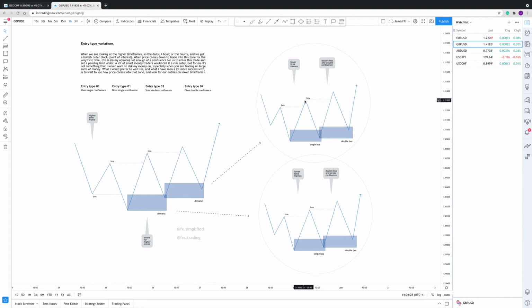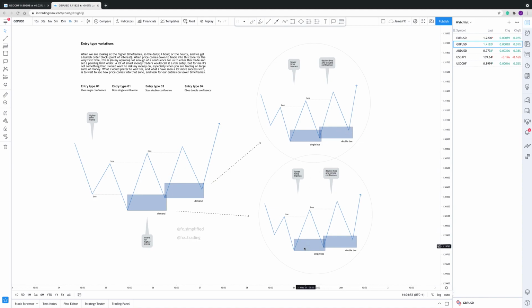As you can see, one break, pull back, second break, double break of structure, and double confluence as we're trading at this second demand. So this is taking it to the extreme and waiting for a lot of confirmation. But if you're waiting for this, then you're going to get involved in some great trades, but you won't always get involved in the trade.